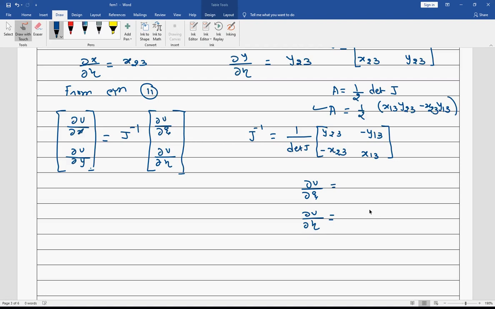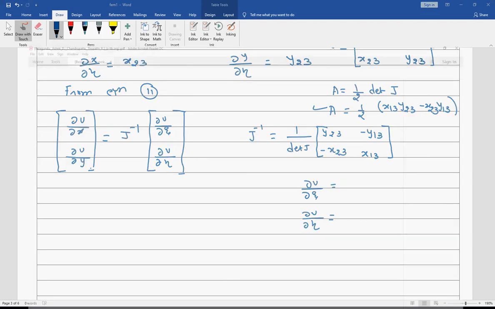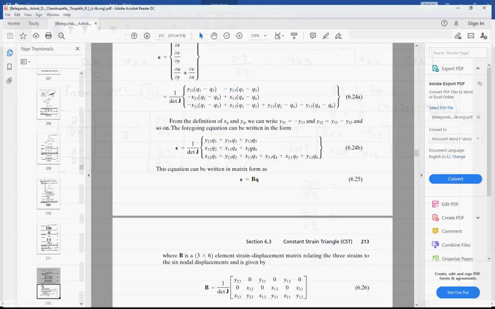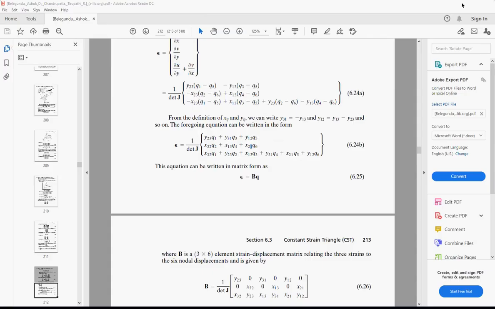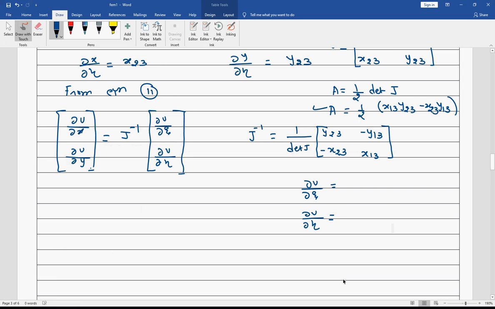I already told you to use equation 5 to find this. So you can refer to equation number 5, take a snapshot of that, and let me know del u by del xi and del u by del eta.